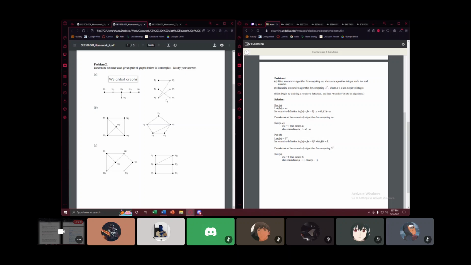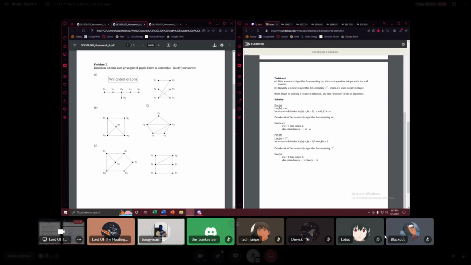Let me see. Assignment homework 6, question 2A. I said it was not isomorphic, because I was thinking that U1 has to map to V1 and U2 has to map to V2, that they have to correspond by number.